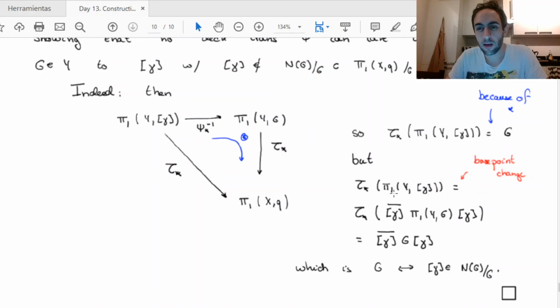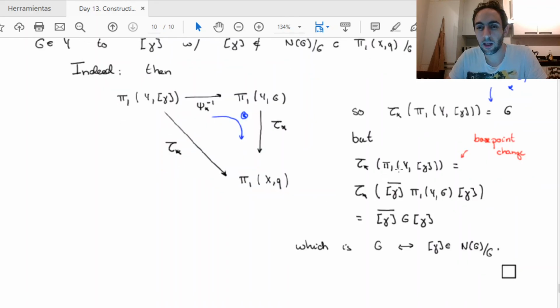Let's write it in the following way. Here we have the fundamental group at gamma. And what is gamma? Gamma is some class of loops, and this class of loops is not in G, supposedly.